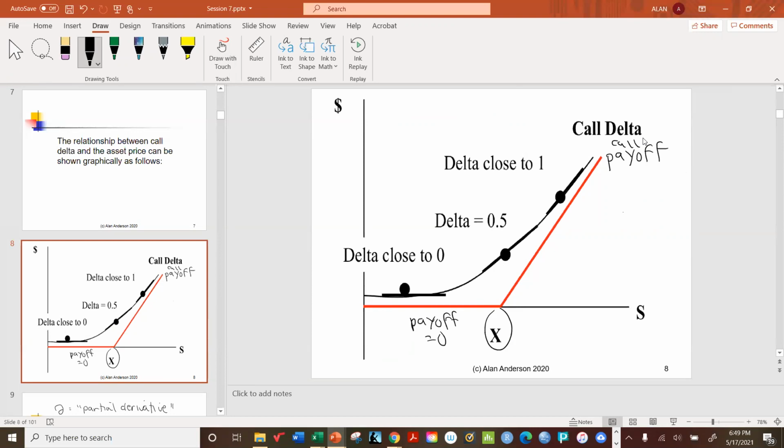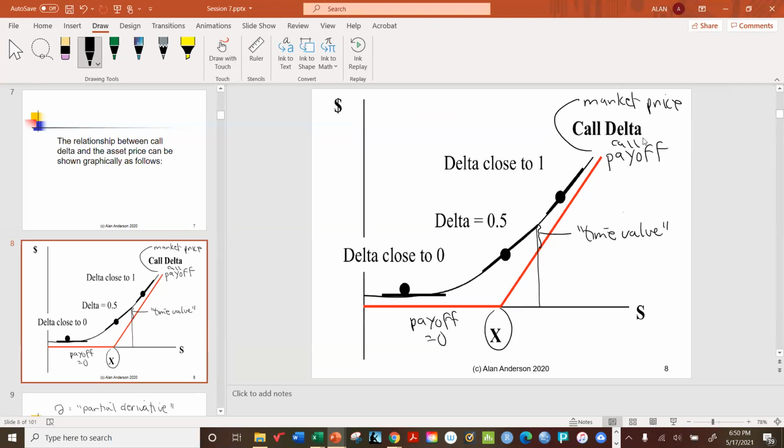This is the payoff. Now, what is this black line? This is the actual market price of the option. And the market price, unless it's the last day of trading, is always greater than the payoff. And the gap between the two right here is the option's time value.